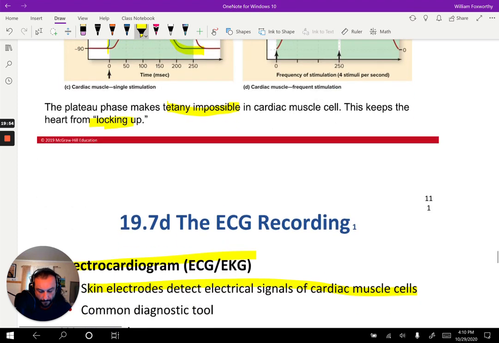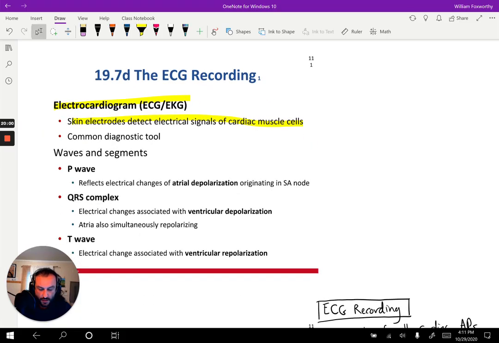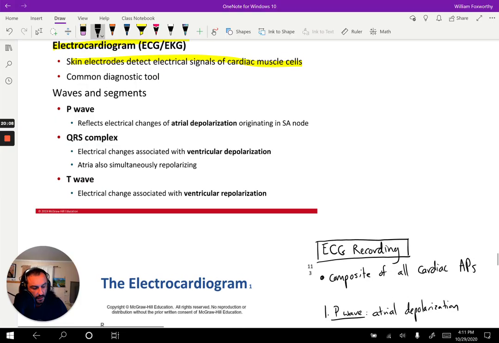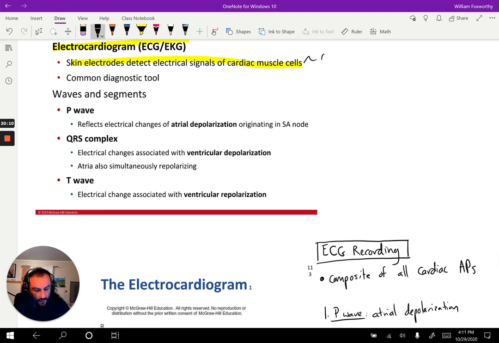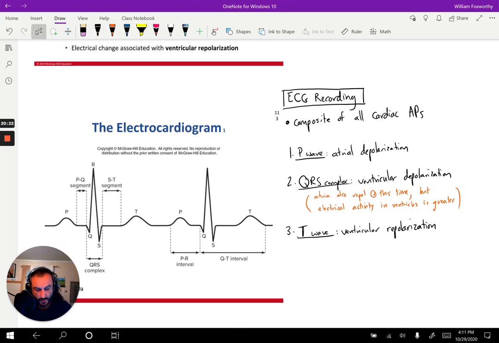You can take a look at the electrical activity of your heart through an ECG recording, which you would record using skin electrodes. You detect the electrical signals of your cardiac muscle cells, and this is a composite signal, meaning that you're just recording from a ton of cardiac muscle cells at the same time. And this is illustrating a typical ECG recording over here.